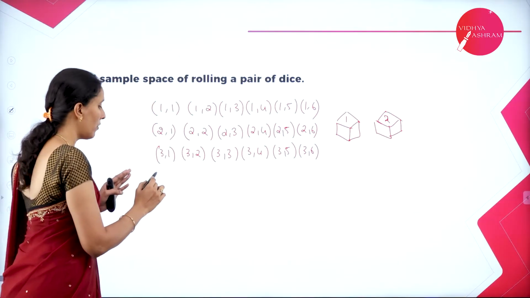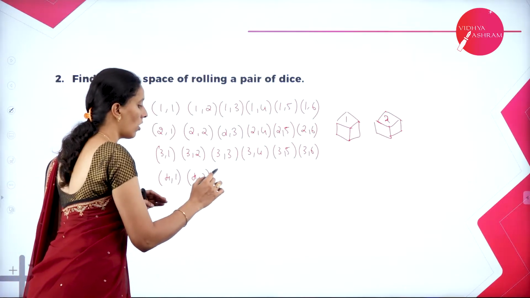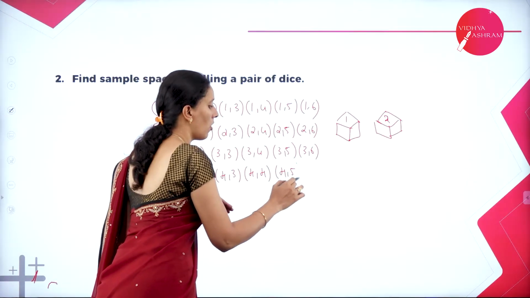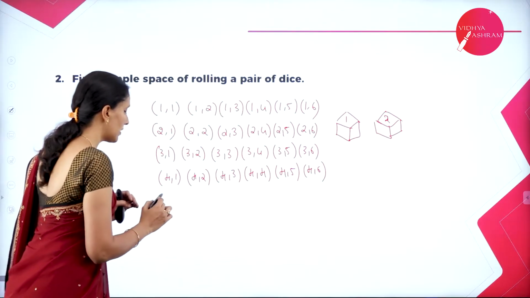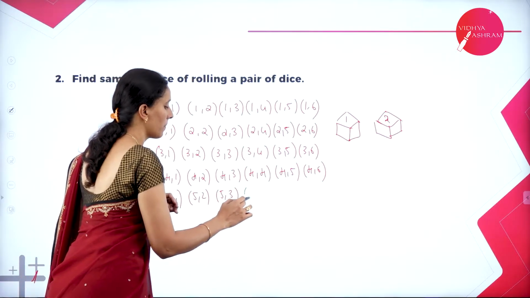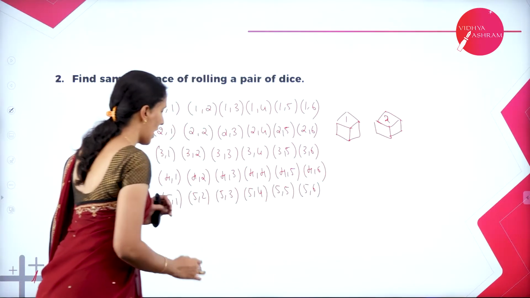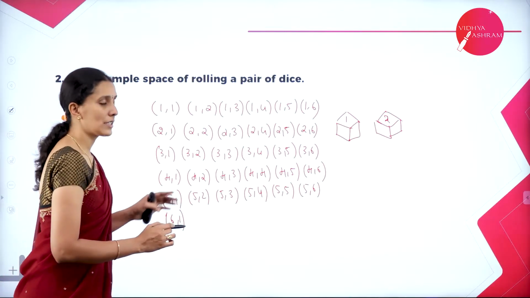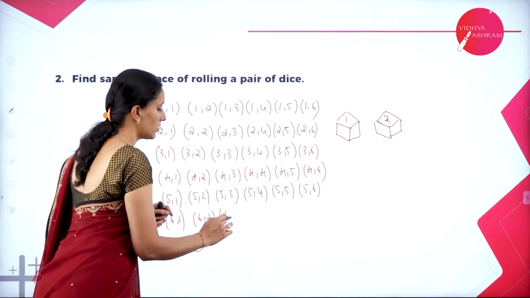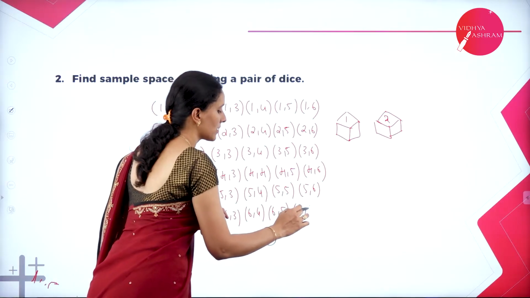The same when the first die has 4, the second might have 1 or 2 or 3 or 4 or 5 or 6. It will be the same for 5, 1, 5, 2, 5, 3, 5, 4, 5, 5, 5, 6. And the same thing happens whenever the first die shows 6: the second die may show 1 or 2 or 3 or 4 or 5 or 6.